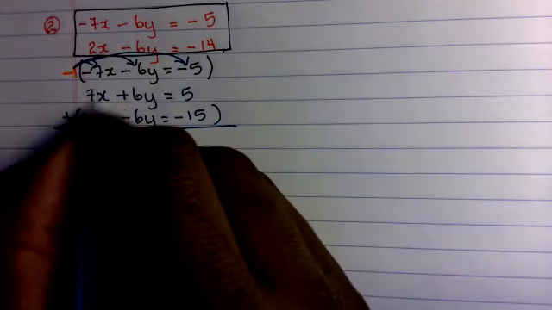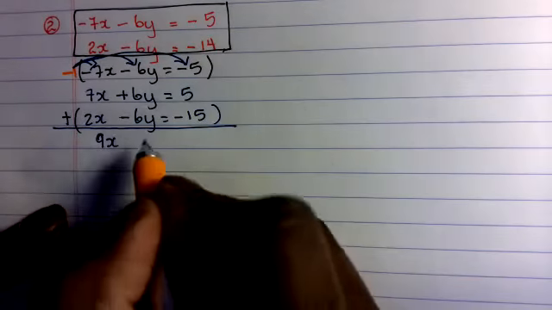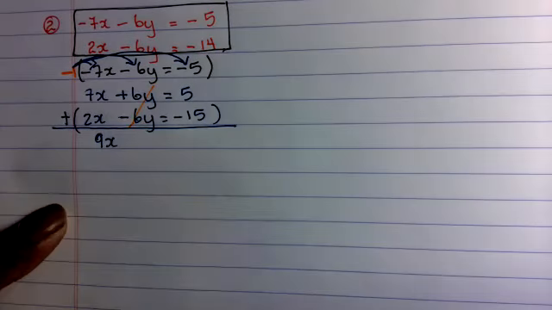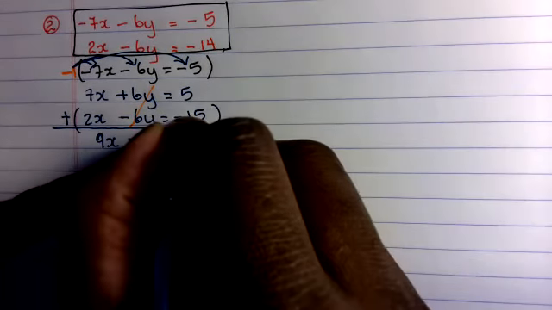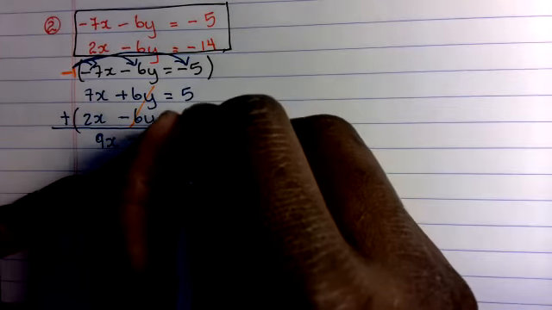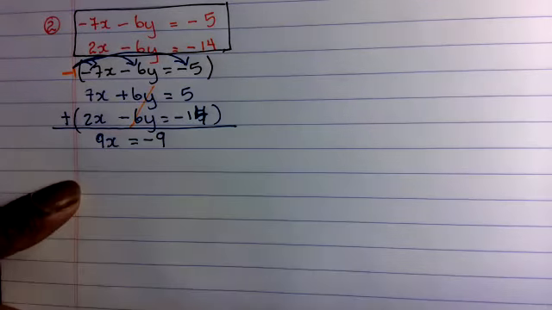When I add, 7 and 2 give me 9x. The y terms, negative and positive, cancel. So I'm left with 5 plus negative 14, sorry, this is 14, not 15. So 5 plus negative 14 gives me minus 9.